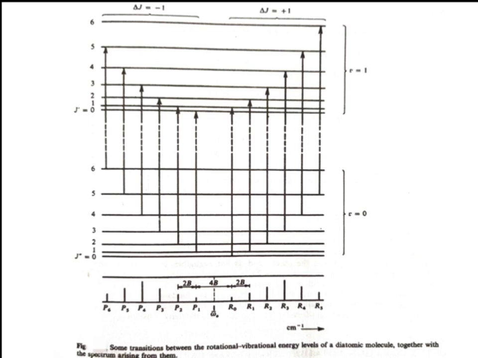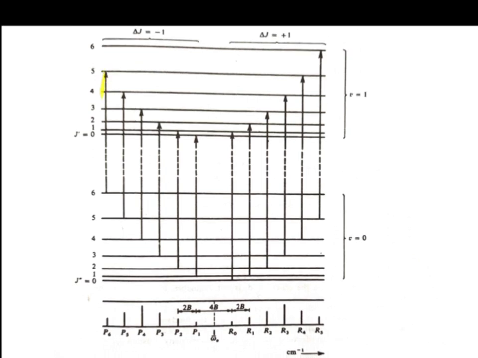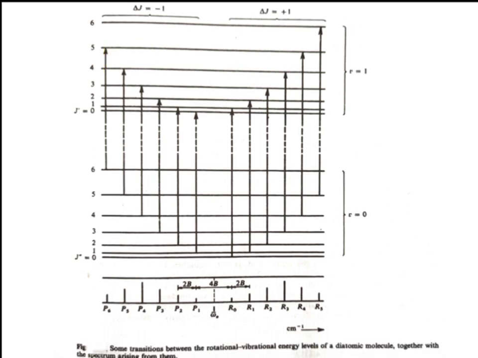So you can see that on the left side there is a difference of -1. When we do 5 minus 6 for this transition, what will be the difference? 5 minus 6 is equal to -1, because 5 is the excited state and 6 is the ground state. So it is excited state minus ground state. This way we can always take the difference. The excited state has higher energy and the ground state has lower energy, and the energy level number of the excited state is 5 and the ground state is 6.